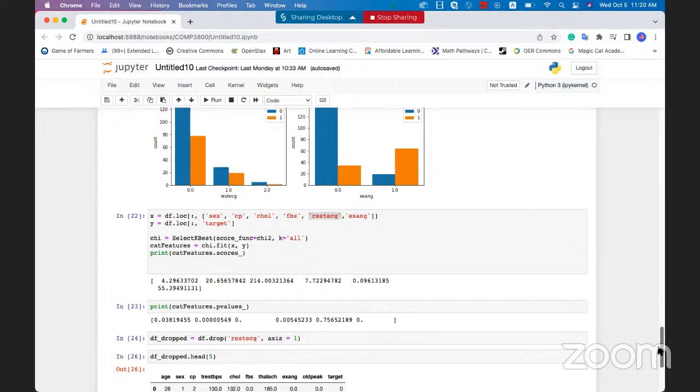Technically, it will still give you a number, but I don't think that's a correct way, because chi-square is designed for categorical variables, and ANOVA is designed for numerical variables. So you should do the feature selection step differently for numerical and categorical variables, not apply chi-square or ANOVA to all the variables.